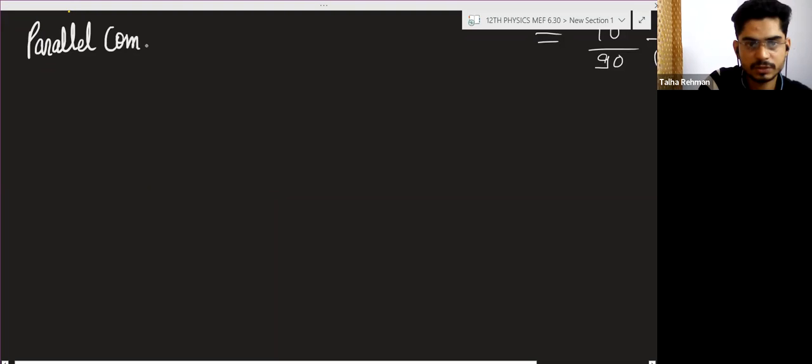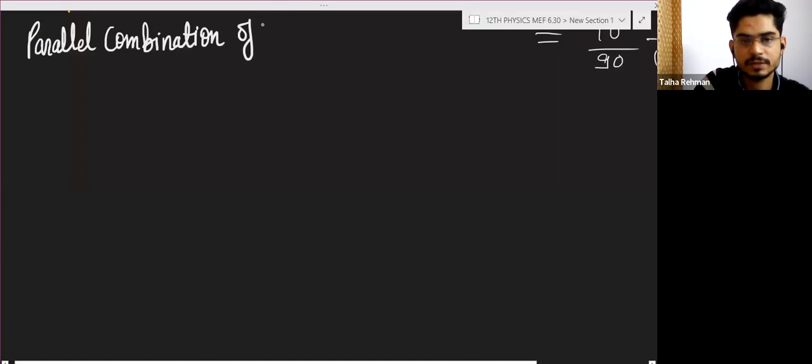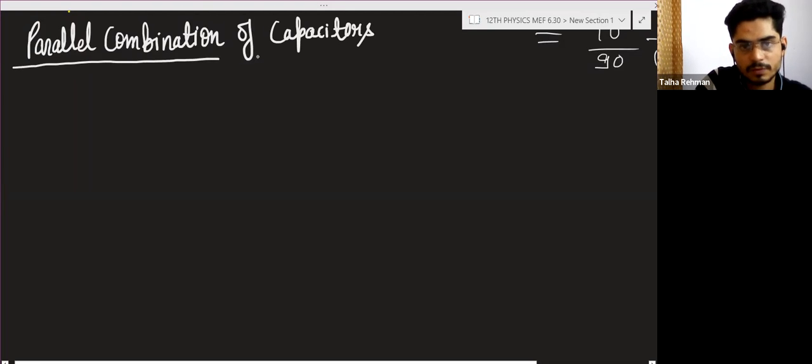Parallel combination of capacitors. We will see how the capacitors are connected in parallel. Parallel combination looks like this.